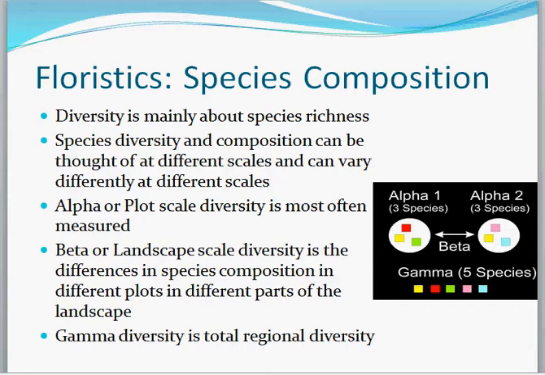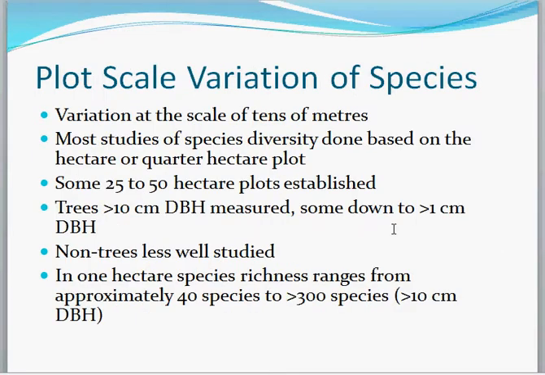So let's focus in on plot scale, or alpha species variation. That's the variation at scale of tens of meters. And most studies of species diversity, at least initially, were conducted on this scale.